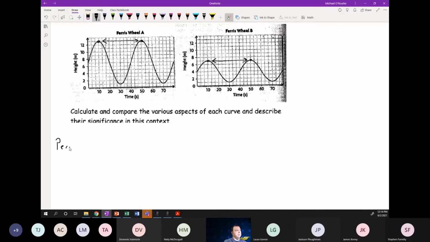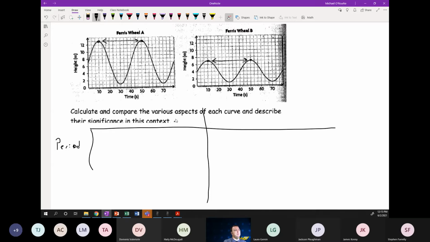So the first thing I'm going to talk about is the period. This would be Ferris wheel A, this is Ferris wheel B. For my Ferris wheel A period, I'm going to take the bottom numbers here, 30 to 70. So 70 minus 30 equals 40.